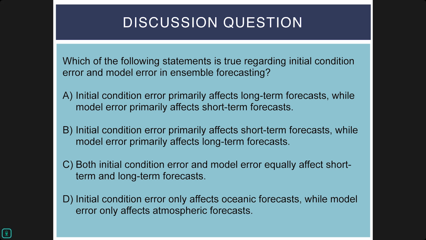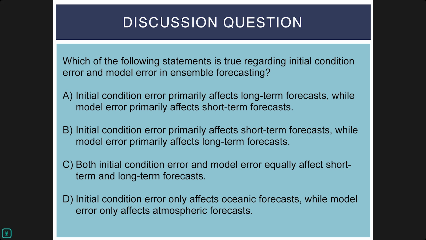With the ocean model or the atmospheric model, we don't really know exactly how to parameterize some of the physics in the system. So if you think of that, which of the following statements is true regarding initial condition error and model error in ensemble forecasting? A, initial condition error primarily affects long-term forecasts, while model error primarily affects short-term forecasts.